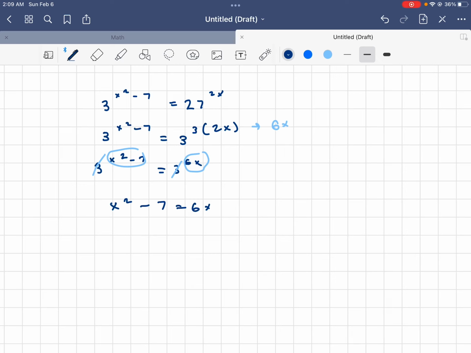You could move 6x to the left, set it to 0, and use the quadratic formula. But I don't really want to calculate, so I'm just going to find a way to factor this out, starting off by moving 6 over here, setting it to 0, and I want to factor it out.